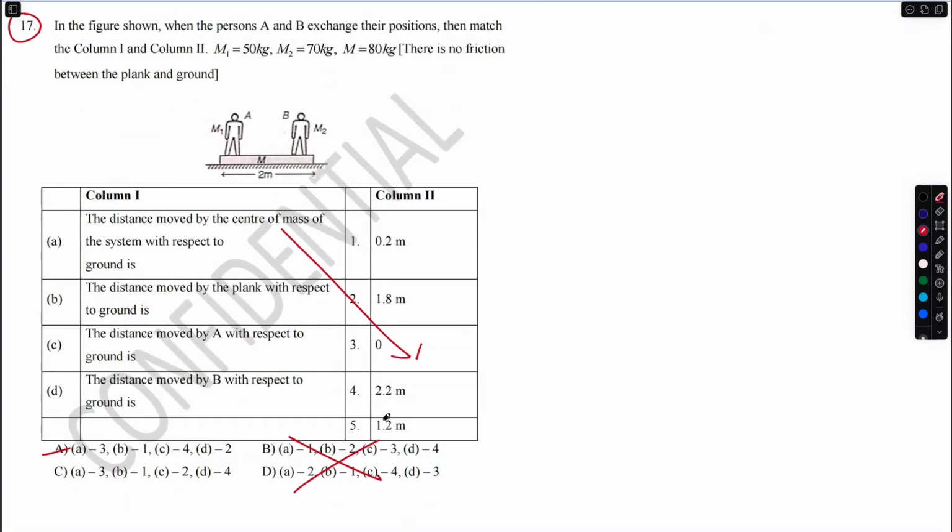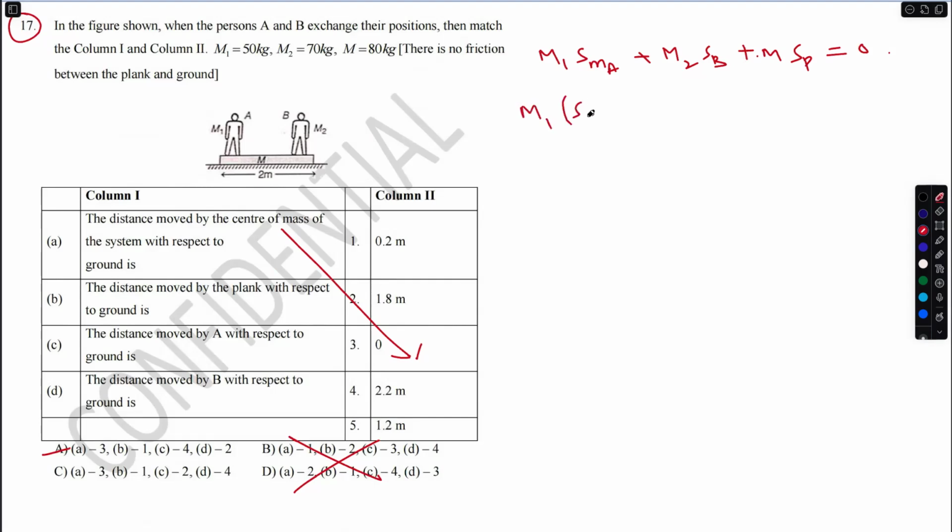Right. So in the figure shown, person A and B exchange places, right, no issues. The displacement of the actual criteria is like this. M1 times displacement of man A, M2 times displacement of B, M times displacement of plank equals 0.